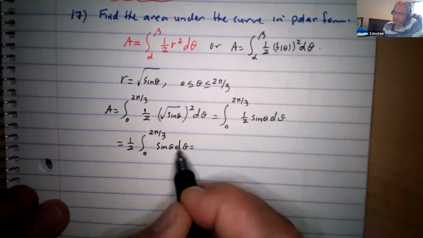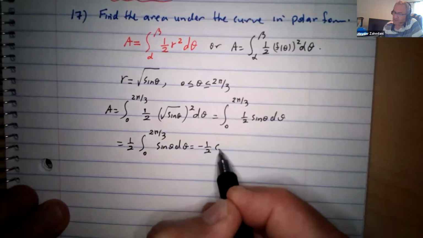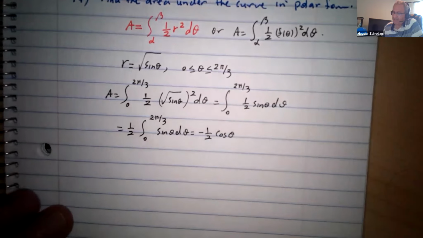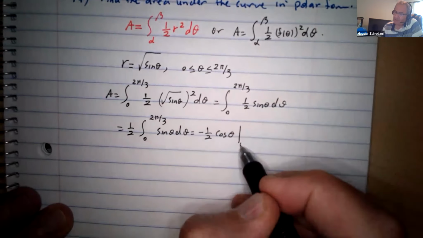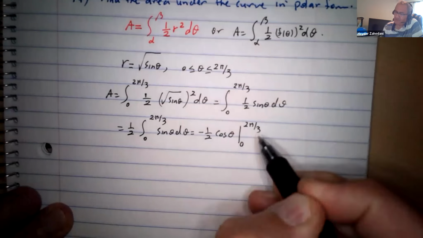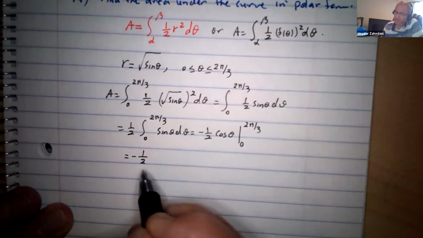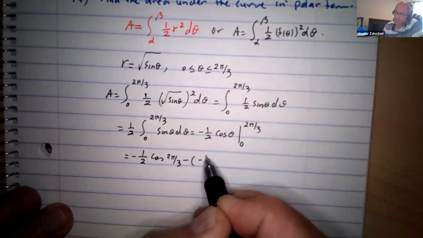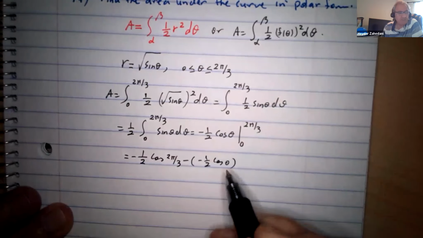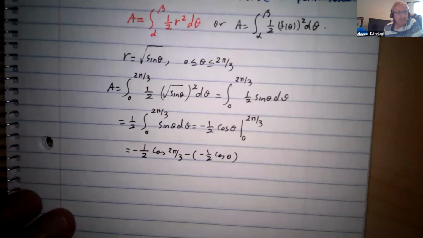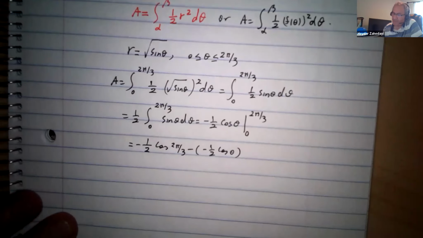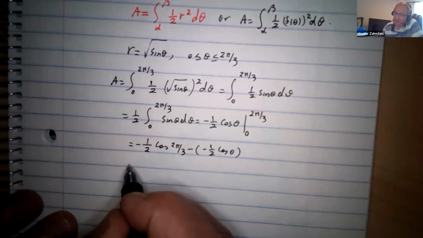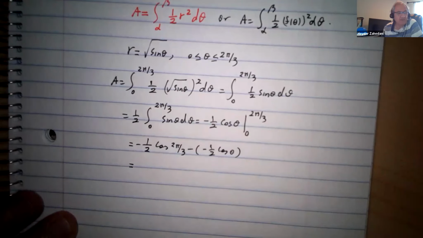Integral of sine is negative cosine, negative 1/2 cosine of theta, to be evaluated from 0 to 2π/3. Substitute: negative 1/2 cosine of 2π/3 minus negative 1/2 cosine of 0. Okay, that's it. So the cosine of 2π/3, which is 120 degrees, is the same as negative the cosine of 60 degrees, which is a negative half.